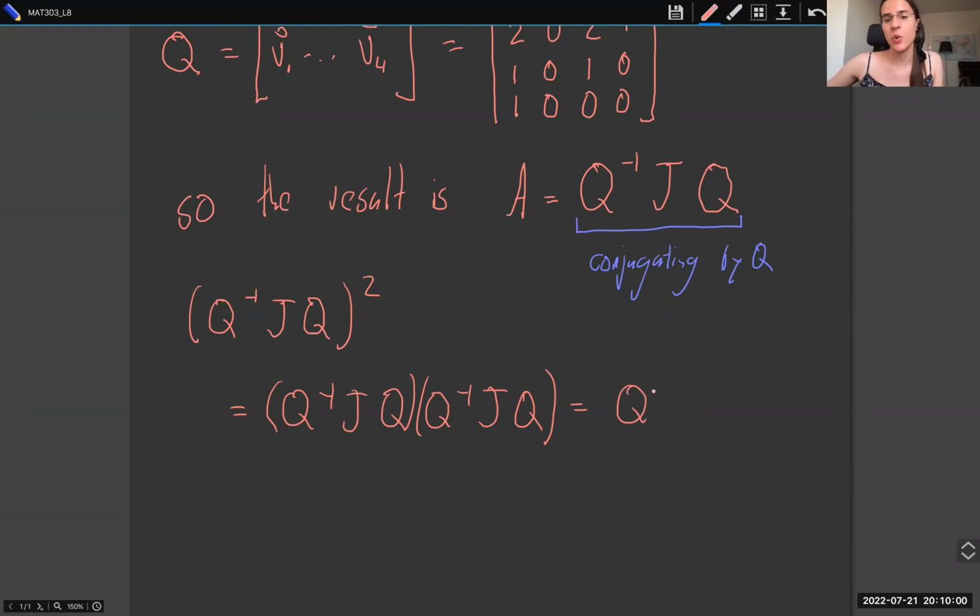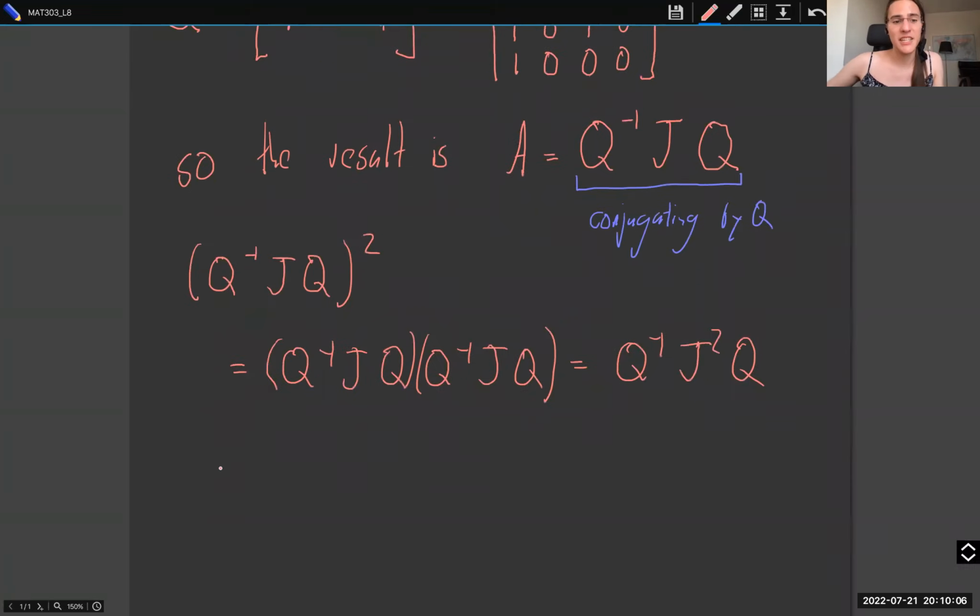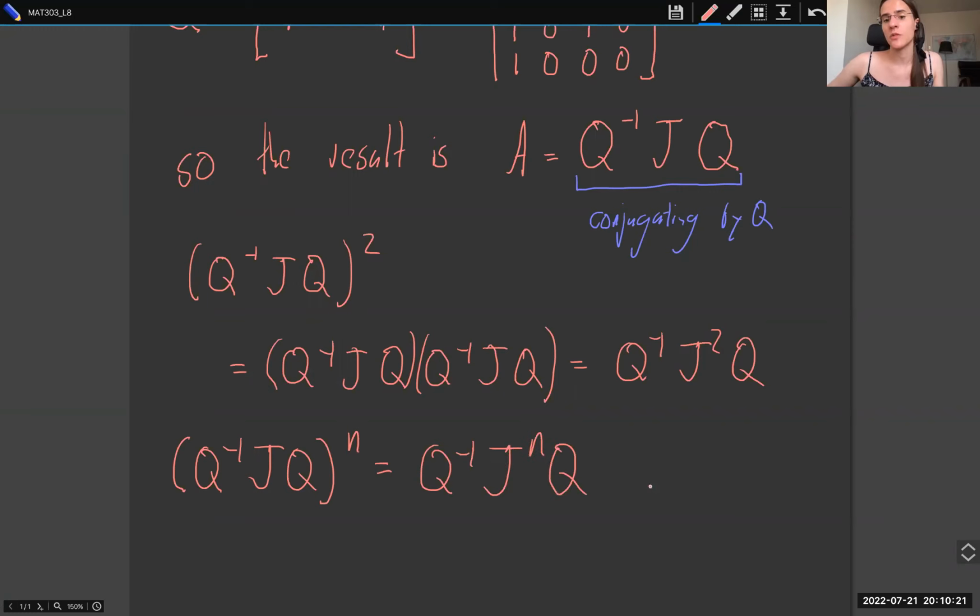So we get Q inverse J squared Q, right? And in general, this happens for any nth power. So if you have a conjugate of some matrix and you raise it to the nth power, then that's the same as just Q inverse J to the n Q. Do you see that?